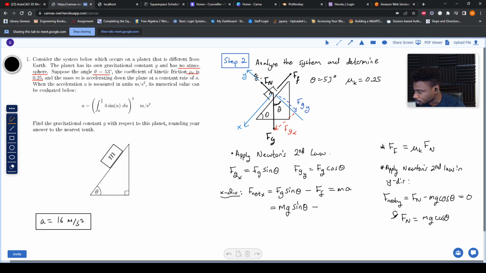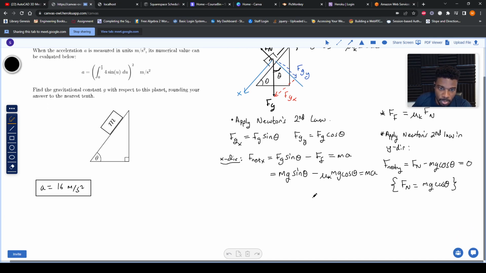Now that we have this result, we can substitute it here, so we have an equation for our frictional force. Our frictional force is going to be the friction coefficient multiplied by mg cosine theta. And all of this would be equal to ma.